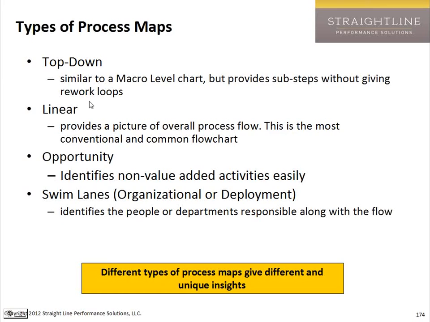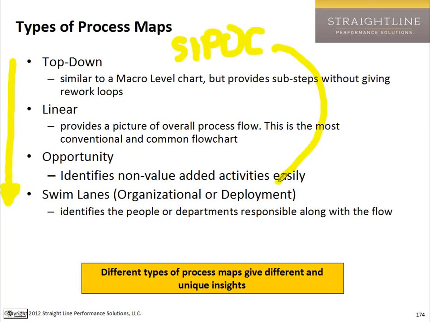What I should tell you is that this is my personal opinion, guys. My personal opinion is that this is basically the order that you should consider doing these. A lot of people start from a SIPOC and jump right to a swim lane diagram. Bam. They don't do a high-level value stream map.